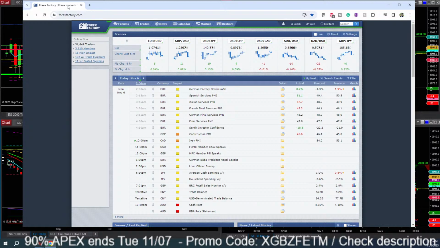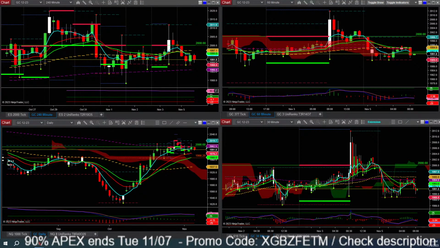So let's take this one out. And let's go with second screen here, or main screen. I'm gonna go to main screen so we can check the levels.